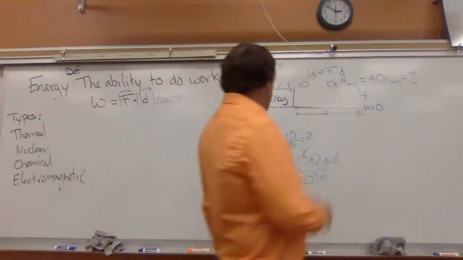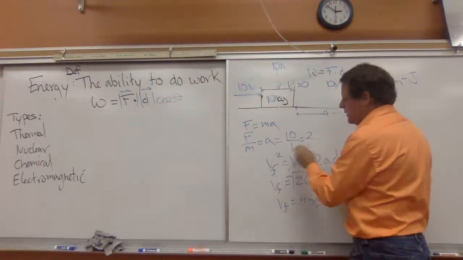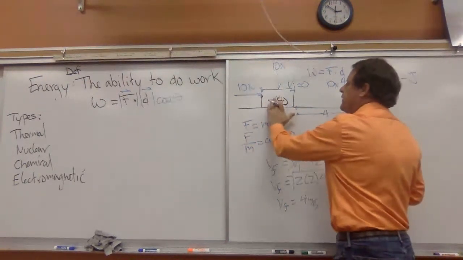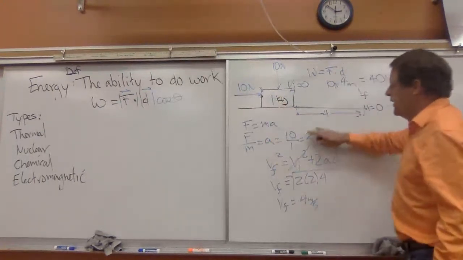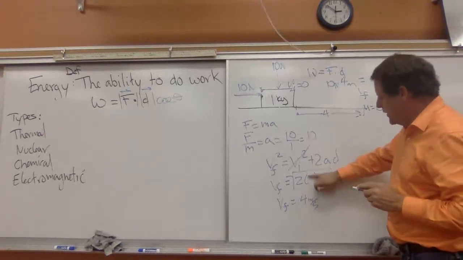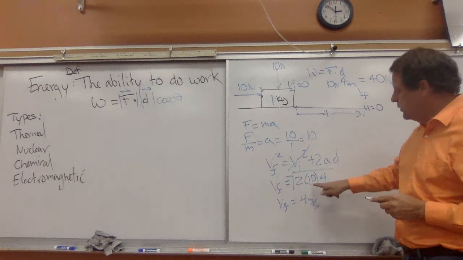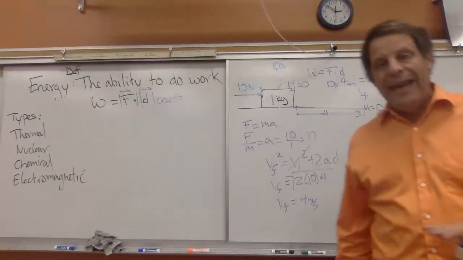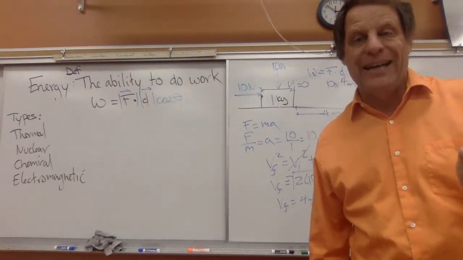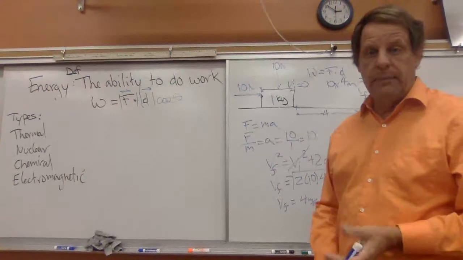If we change this mass to be 1 instead of 5, then we're going to have an acceleration of 10, and then we can put in 10 right there. Now we're going to have the square root of 2 times 10 times 4, which is 80. Okay, well, the square root of 80 is just going to be a little bit less than 9, because the square root of 81 is 9, so we'll call it 8.9.